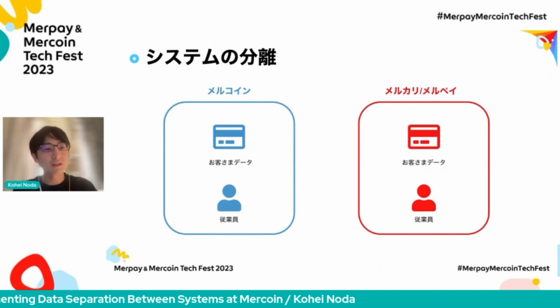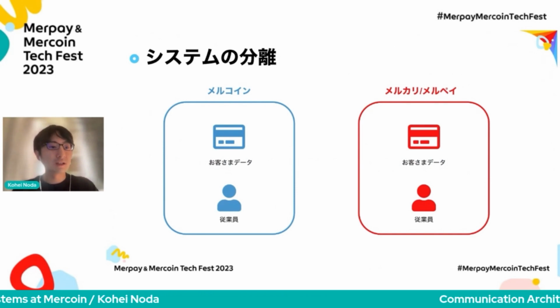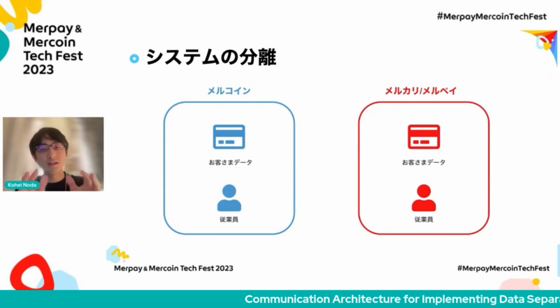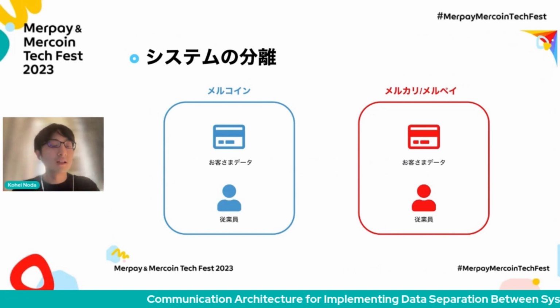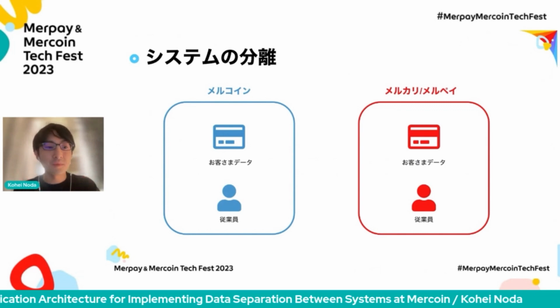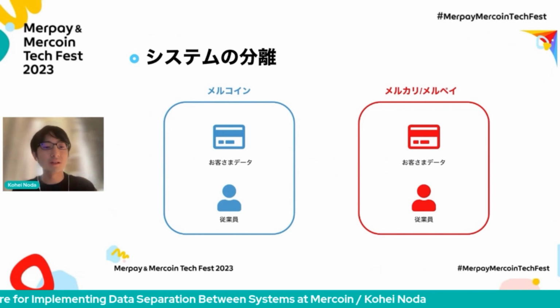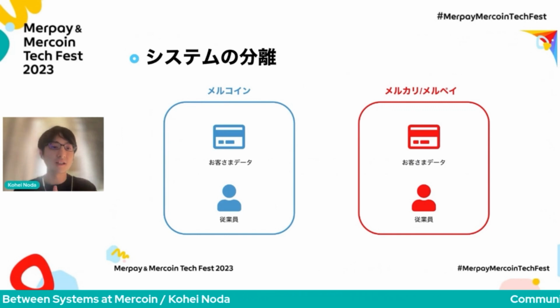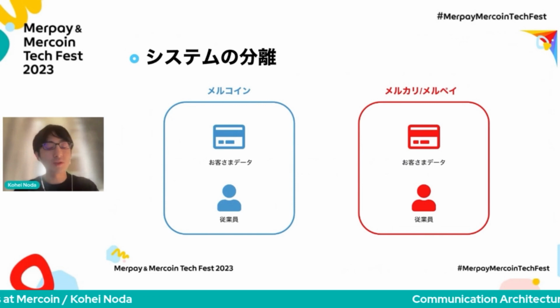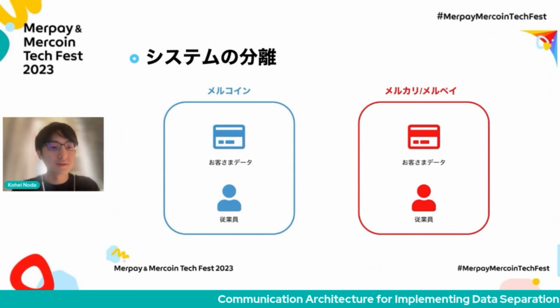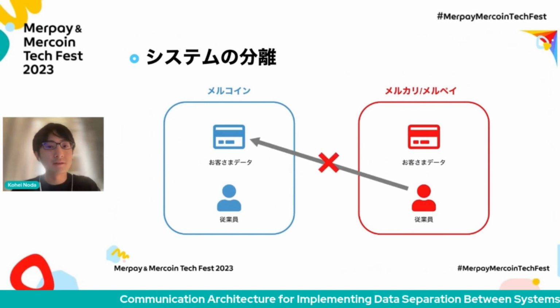And the basic mechanism for achieving this is the separation of the systems. As shown here, the systems of Mercoin, Mercari, and Merpay are separated from each other. This separation means that Mercoin employees can only access Mercoin customer data, while Mercari and Merpay employees can only access the Mercari and Merpay customer data.